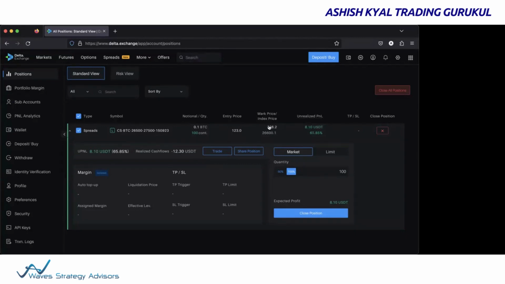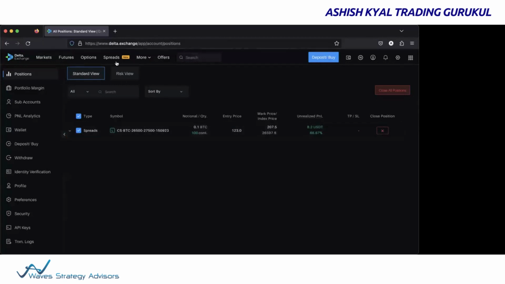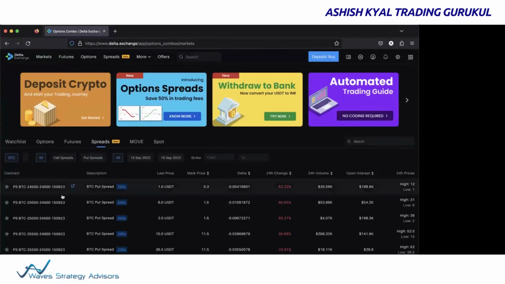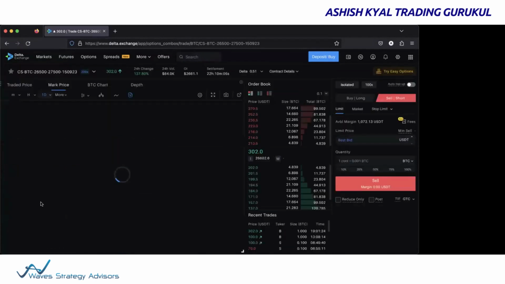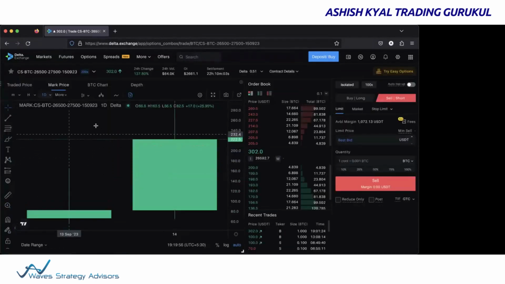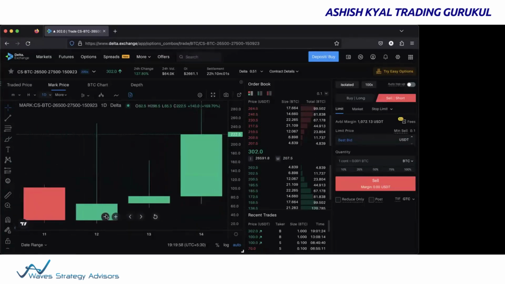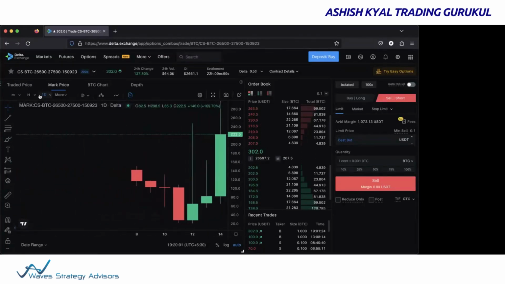You can directly also see the chart of these options. You can directly go and analyze this in the spreads. If you want to see call spreads here, the expiry I'm looking at is 15 September, and this is the spread that I'm looking at right now. If I click on it, its plot comes up directly. On the daily time frame you can also check the spread, and on the 1 hour time frame.